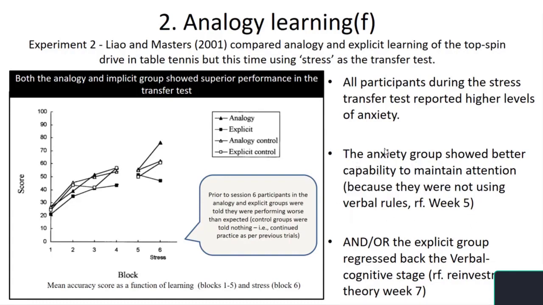So it seems that the analogy group showed a better capability to maintain attention under this stressful condition. And this might have been because they're not using verbal rules during the session.